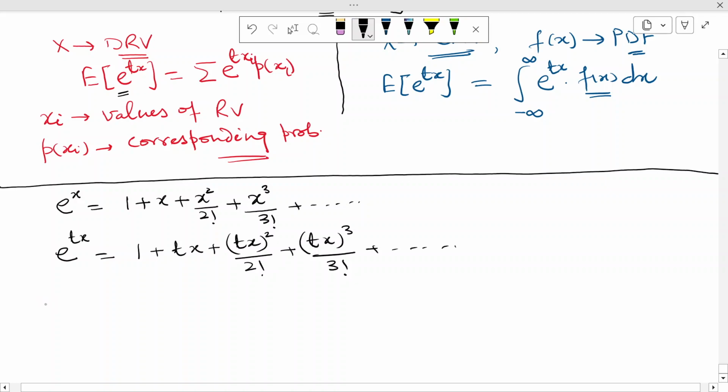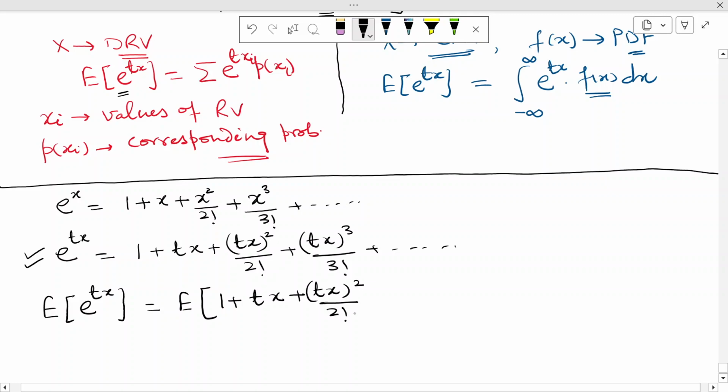Now the moment generating function is defined as the expectation of e to the power tx. Using this expansion, we can write it as the expectation of 1 plus tx plus (tx) whole square over factorial 2 plus (tx) whole cube over factorial 3 plus so on.